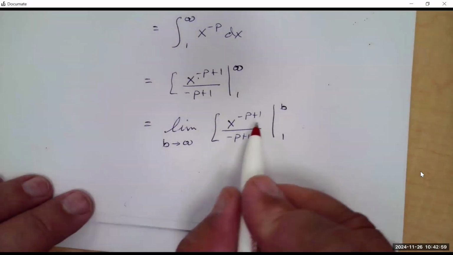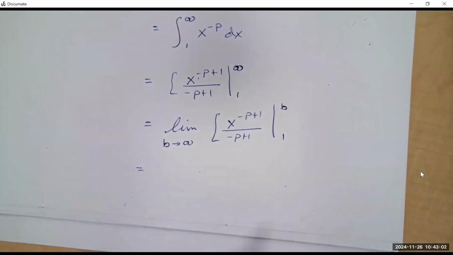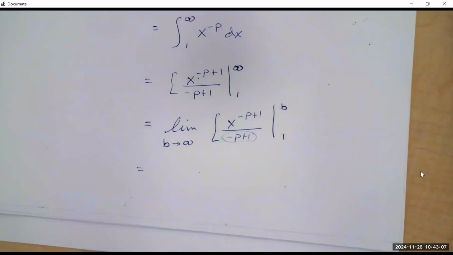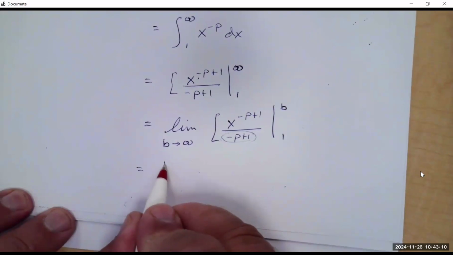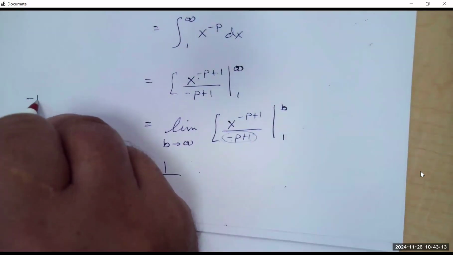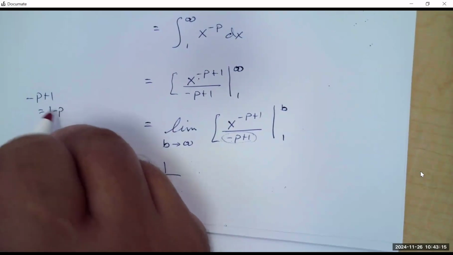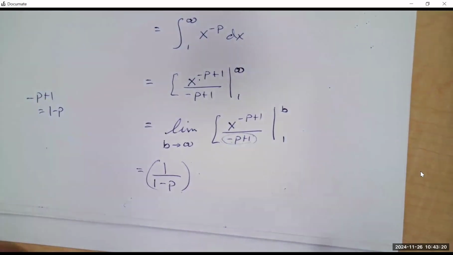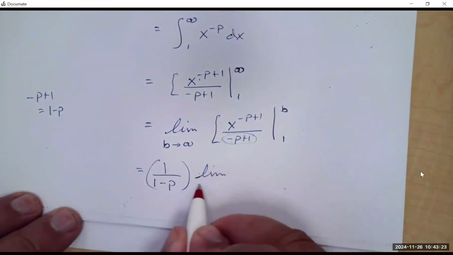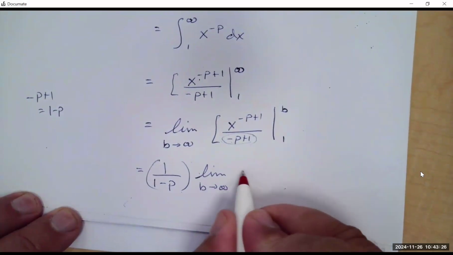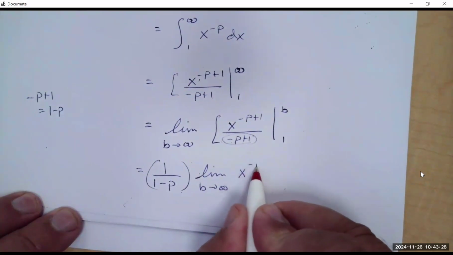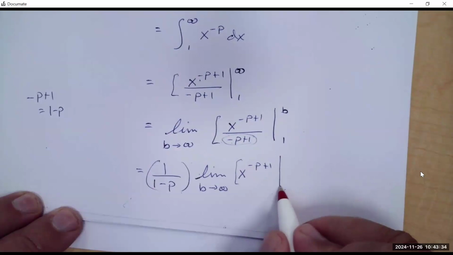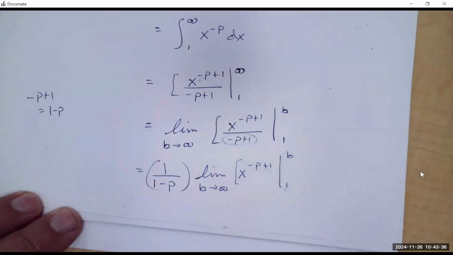Okay, so what do we do here? Is there a constant here? Remember, p is a constant. So 1 over negative p plus 1 is the same thing as 1 over 1 minus p. It makes it much easier to write that. So then I have the limit as b goes to infinity of x to the power negative p plus 1 from 1 to b.